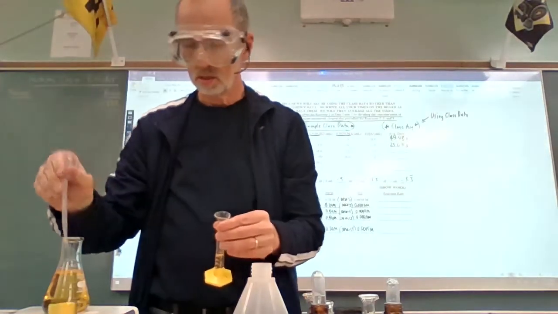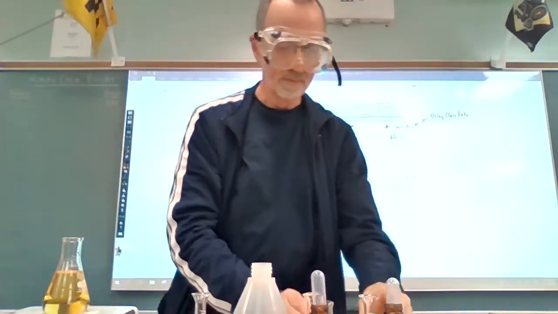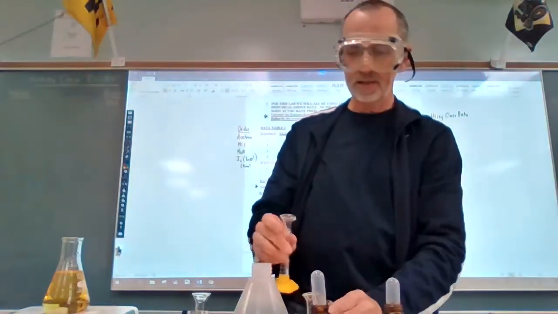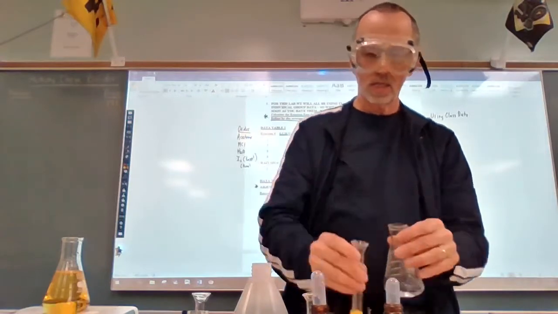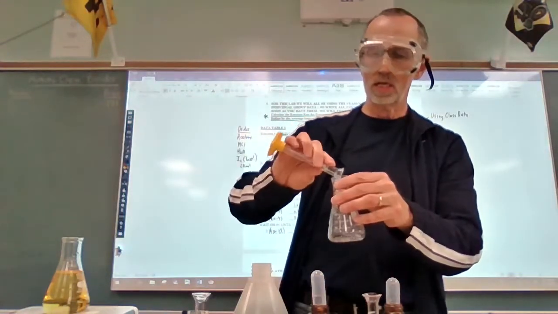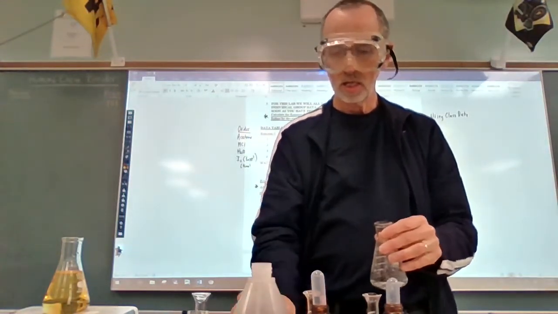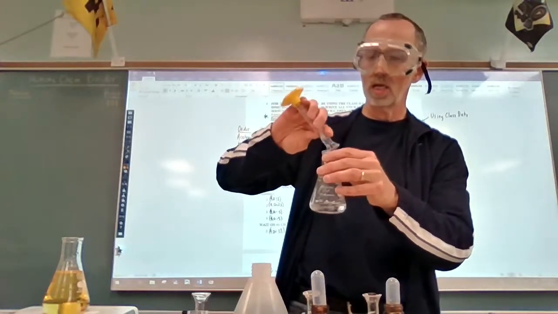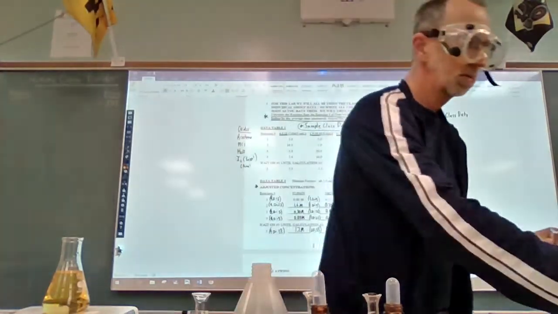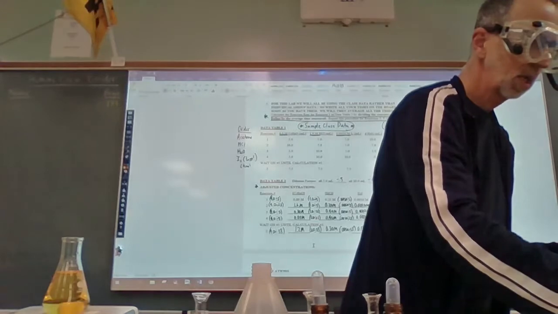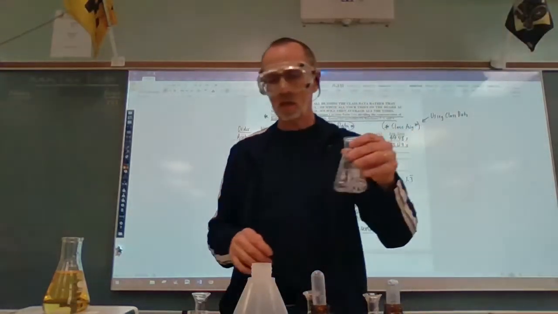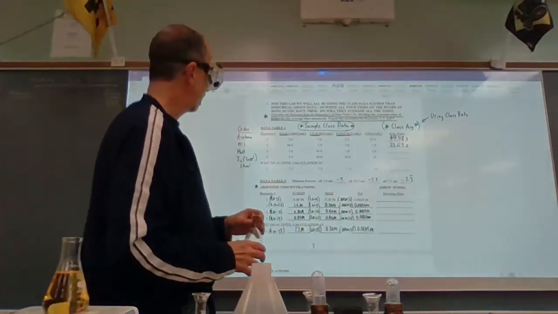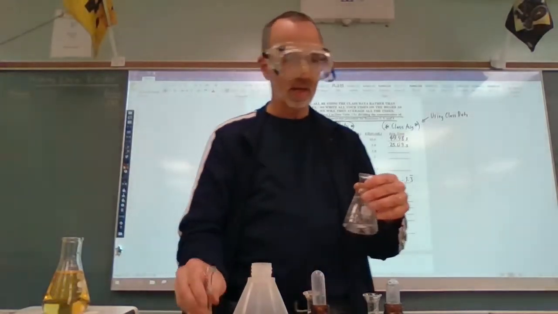Okay. All right. So again, I'll add the first 3 to our flask. Add it back on. Clear. All right. We're now going to get ready to run reaction 3.